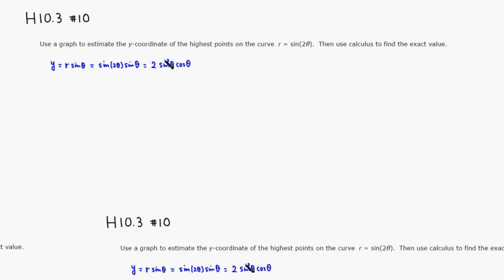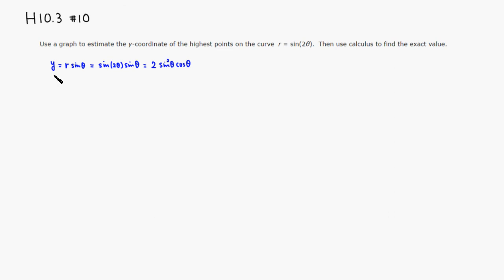So why don't we take the derivative of that? So you have y prime, or maybe I should be more specific: take the derivative of y with respect to theta. This is going to be equal to 2, which I'll just leave as it is. Then we're going to take the derivative using the product rule, because you have a couple of things multiplied together.